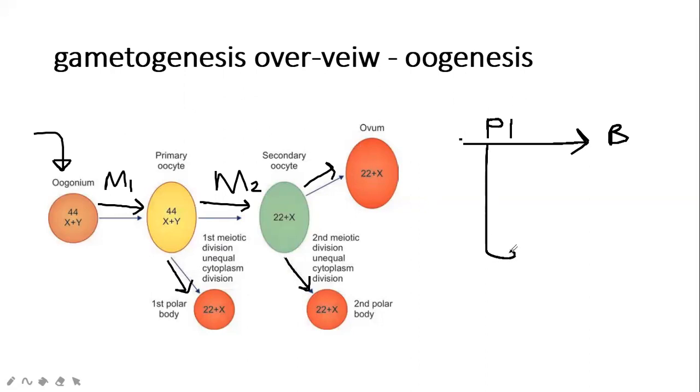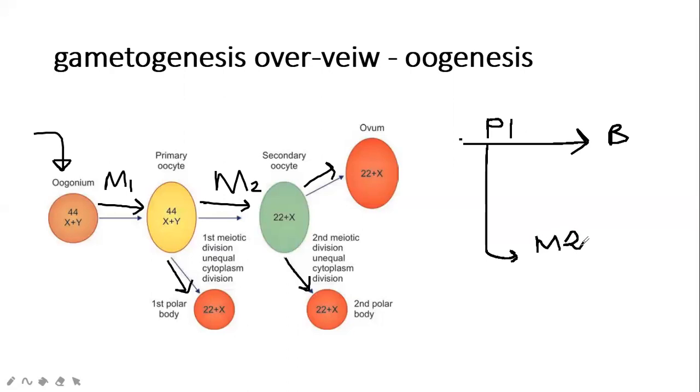And then one of these cells at prophase 1 will be selected every month, right, to complete the cycle, right? And then in completing the cycle, they will be rested at metaphase 2, right?